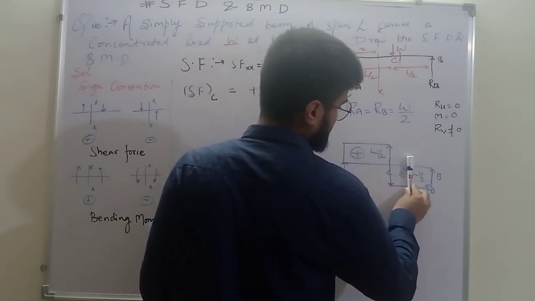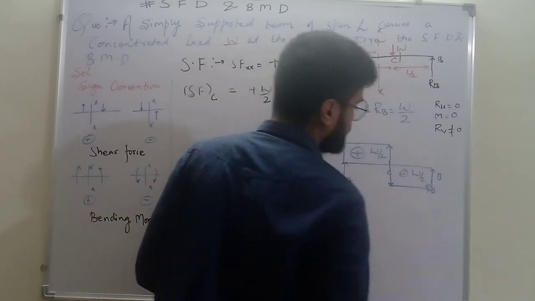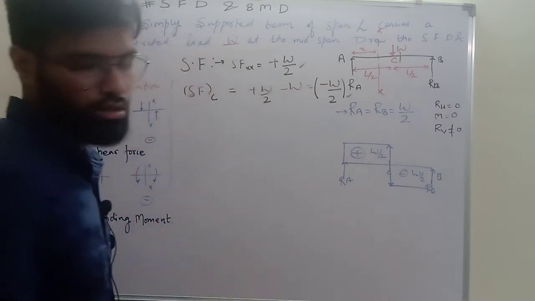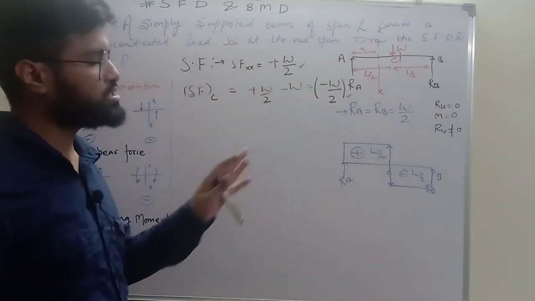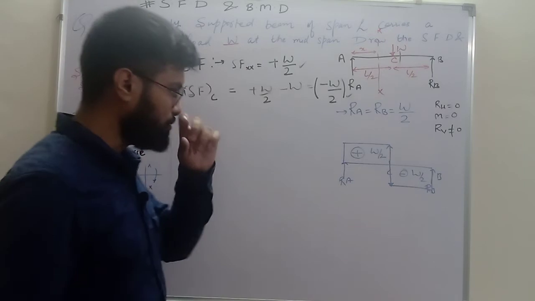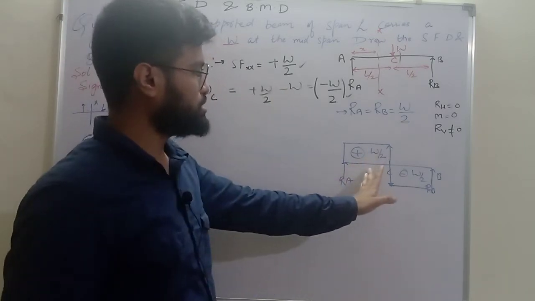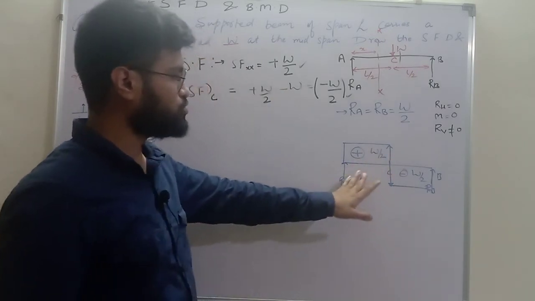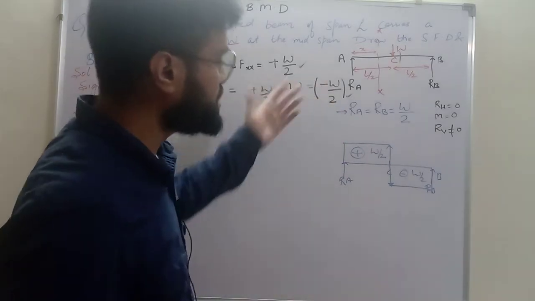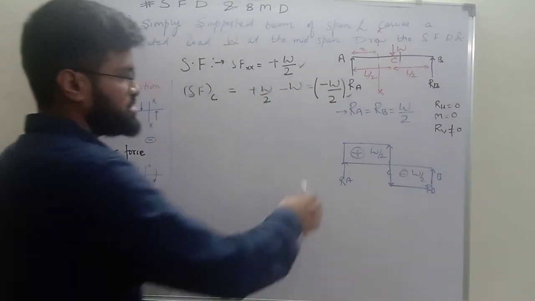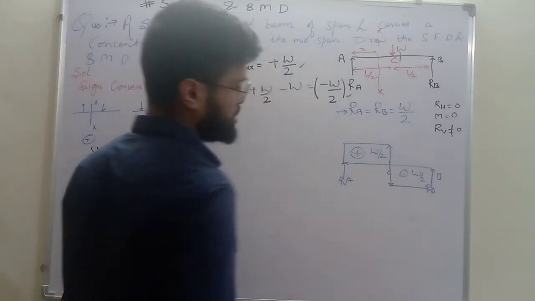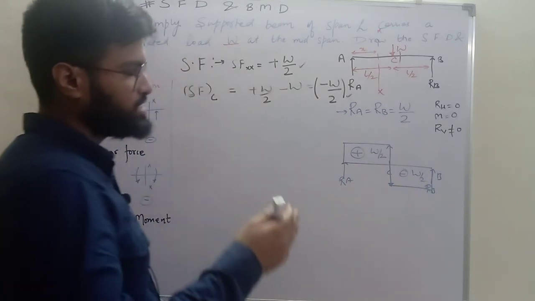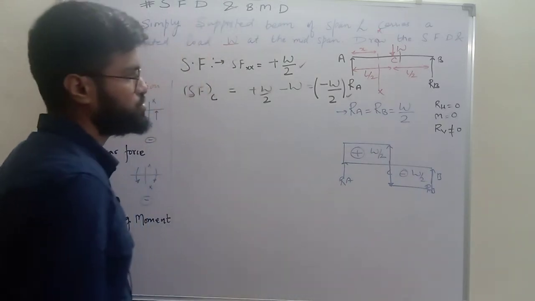Okay, so this is the shear force diagram for this problem. It looks like rectangles, so we have two rectangles. Above is positive, below is negative: above represents positive shear force, and below represents negative shear force at any section of the beam. So this is the shear force diagram.